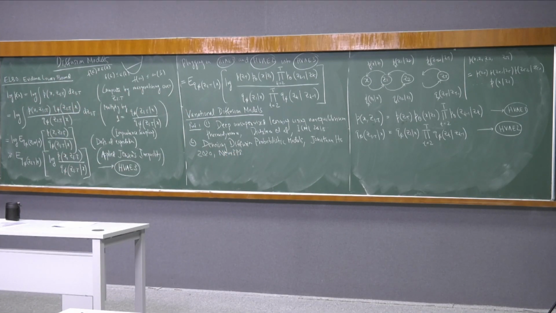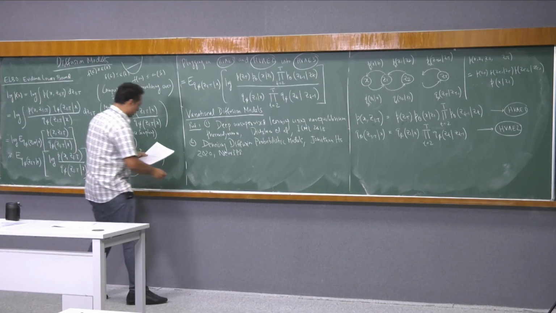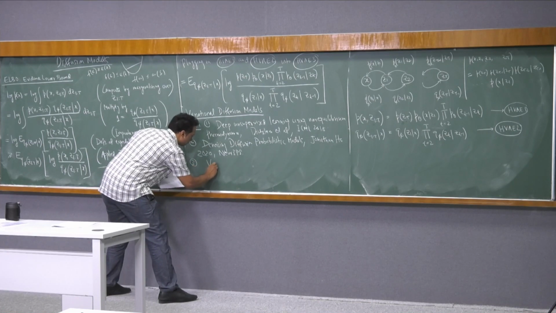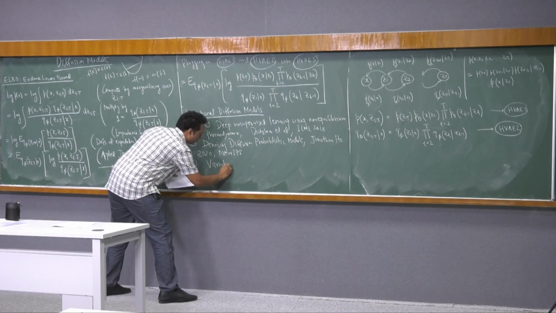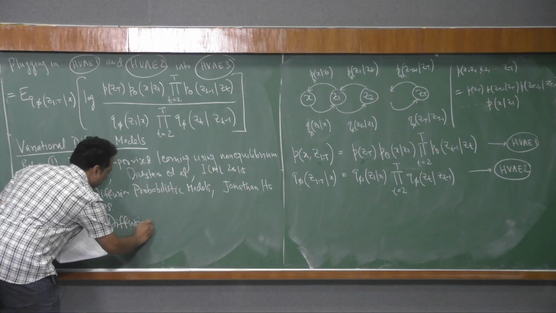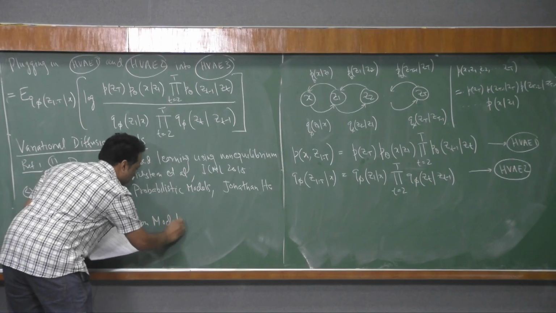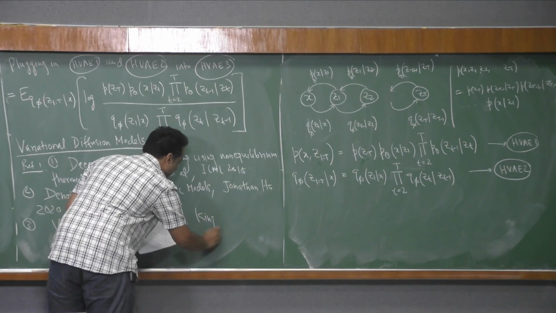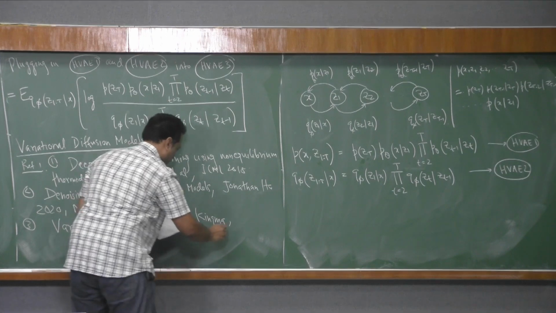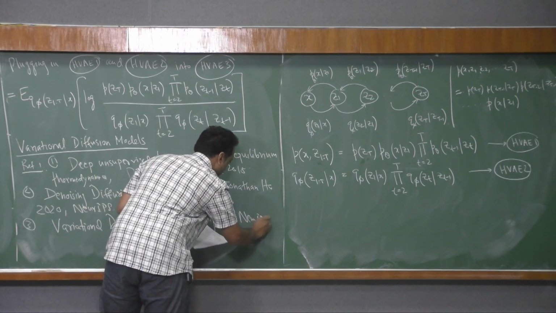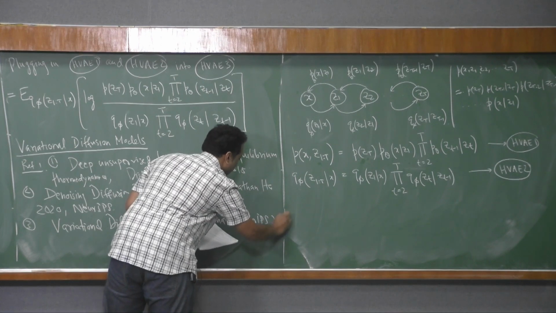And then in 2021, like two years ago, we have Variational Diffusion Models, and this is by Kingma, NeurIPS 2021.